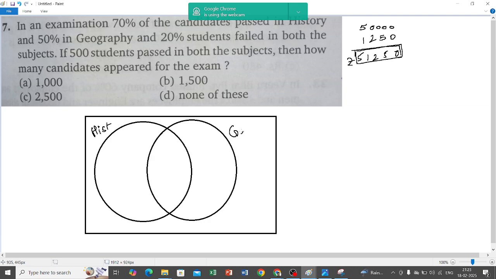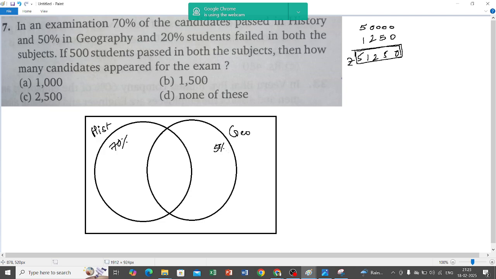History 70%, geography 50%, 20% failed in both. See here, there is a mixture. 70% of the candidates passed in history.